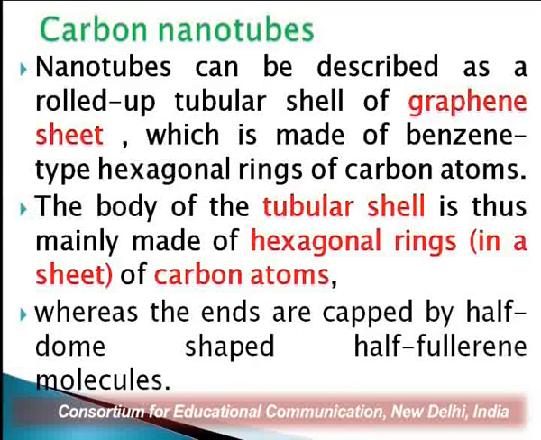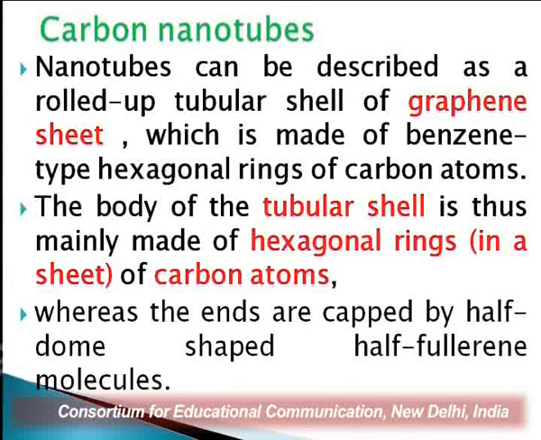When we roll the graphene sheet, we form it in the shape of a tube, then it is a nanotube, which is made of benzene-type hexagonal rings of carbon atoms.